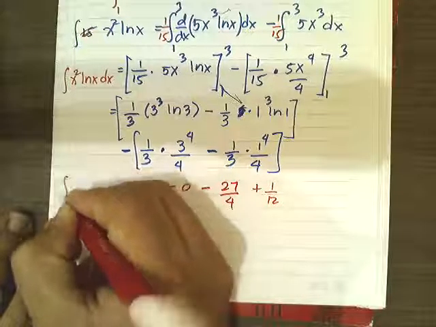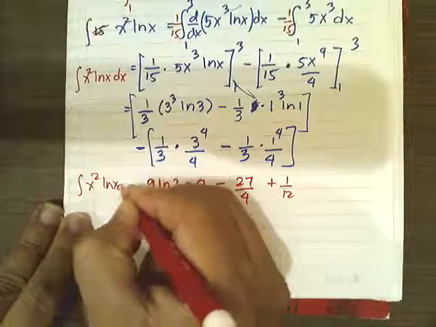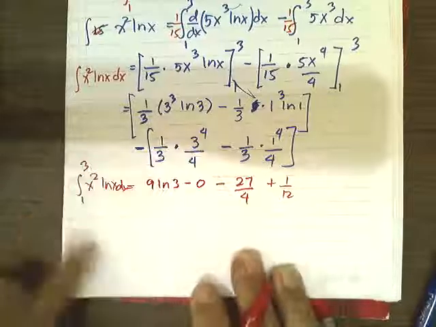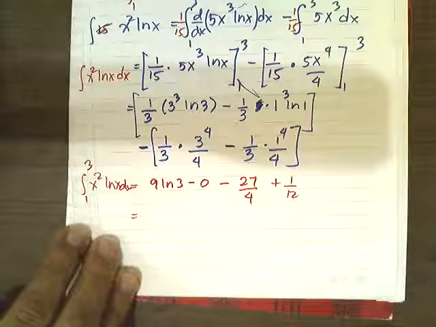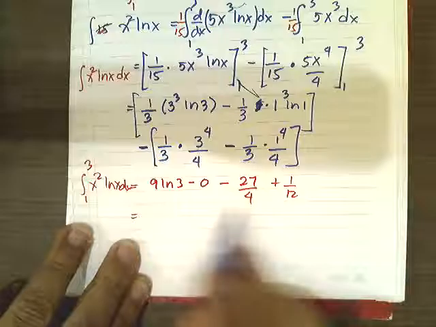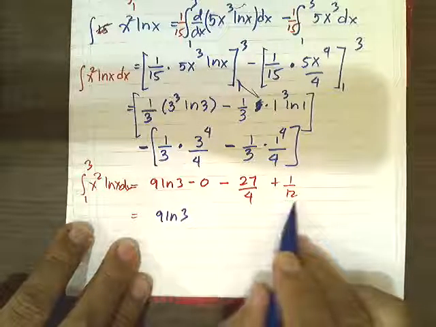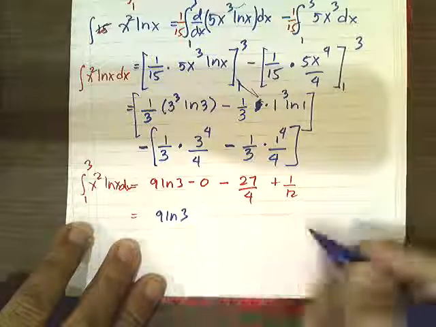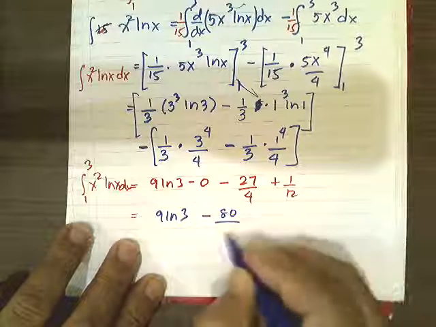So again, this is only the integral of x squared ln x dx from 1 to 3. The 7 is not yet there, so we can multiply this by 7 later on. What is this one there? That is now 9 ln 3, minus 27 times 3, which is 81, plus 1 there, so minus 80 over 12.